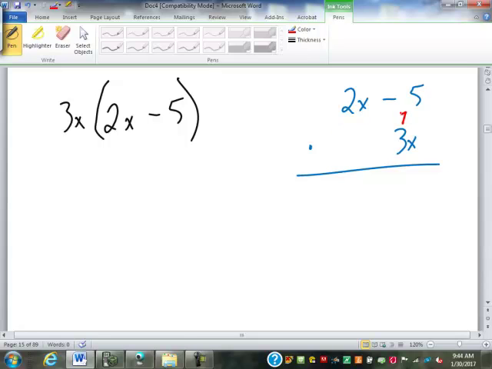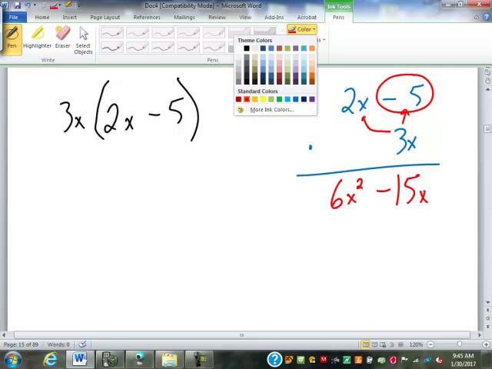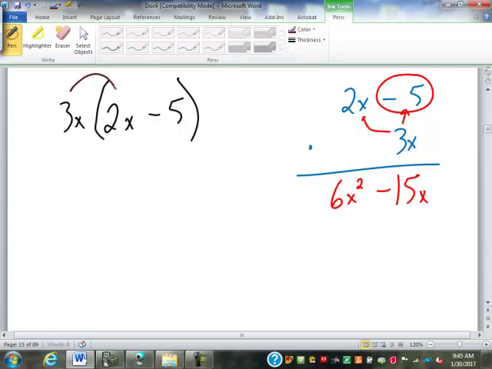So now I have 3x times negative 5 is negative 15x. Remember, the symbol in front always goes with the number after it, so that's a negative 5. Then 3x times 2x, 6x squared. Very good. We would have got the same result here. 3x times 2x, 6x squared, and 3x times negative 5, negative 15x.